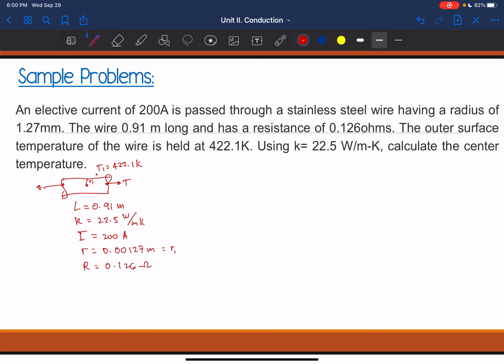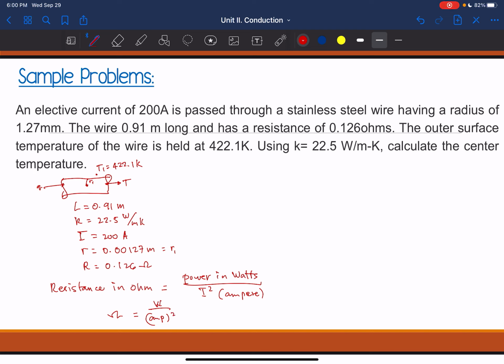Okay? Now, let's recall from your physics and your EE subject. Resistance in ohm is equivalent to the power in watts all over your current in amperes squared, such that ohm is equal to watt over ampere squared.